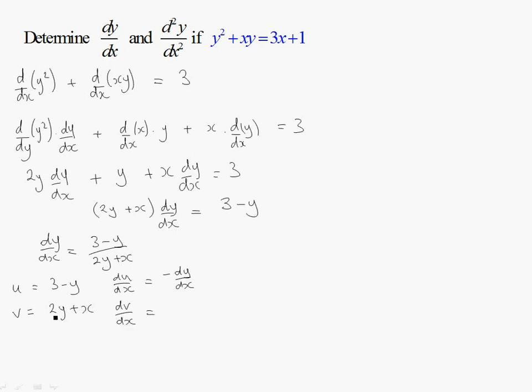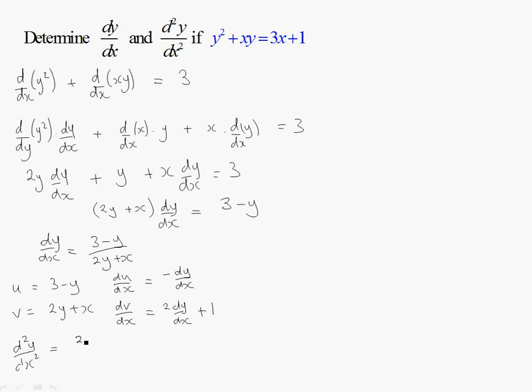And dv by dx, if I differentiate this, I'll get 2 times dy by dx, and if I differentiate the x, I get 1. So I've got these two terms here, which I need to put into the usual formula. So now d2y by dx squared will be, was it v du?